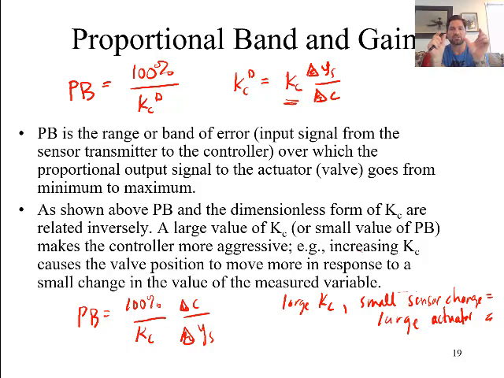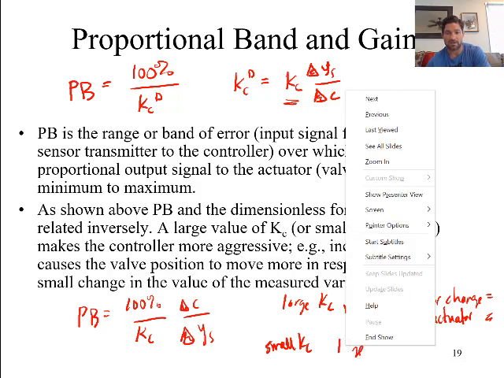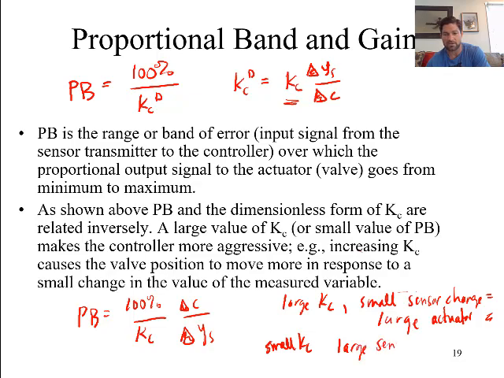If a small change in sensor leads to a large change in the actuator, and the actuator can only change by this much, the amount of sensor range that we have is very limited. So the band on our sensor that we can use is very small, which is why the proportional band is small. High Kc means low proportional band, because we can only use a small band of our sensor. Inversely, if we have a small Kc, a large sensor change equates to small actuator movement.